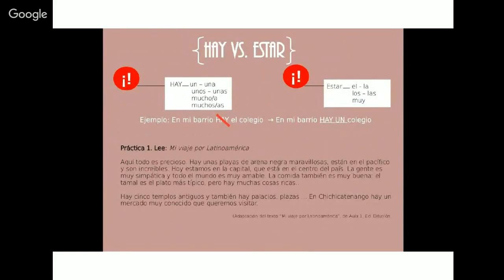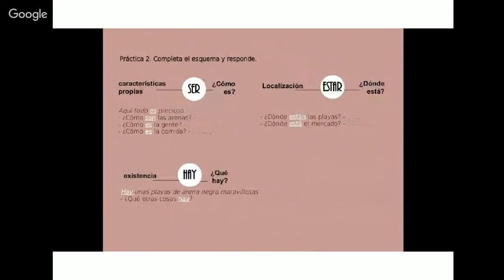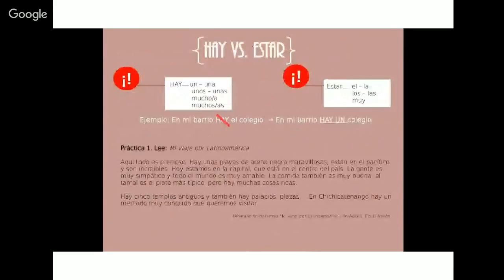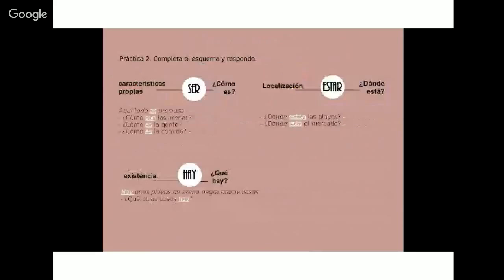People are very nice. ¿Cómo es la comida? What is the food like? La comida es muy buena. Ok, perfecto. La comida es muy buena. The food is really good.